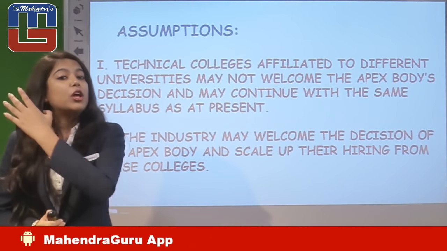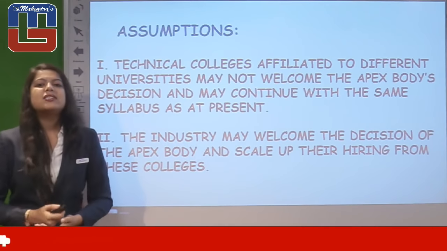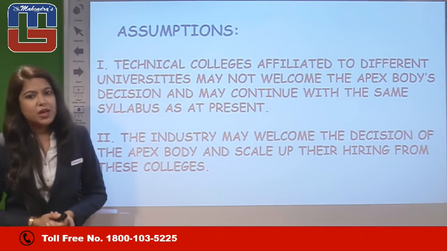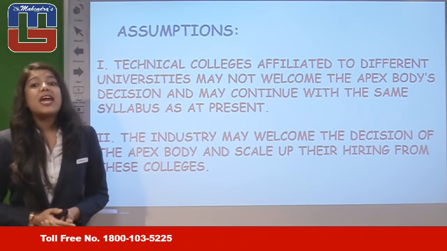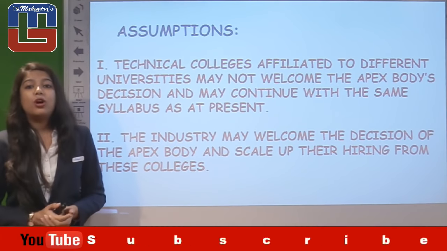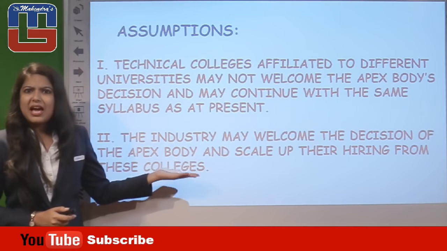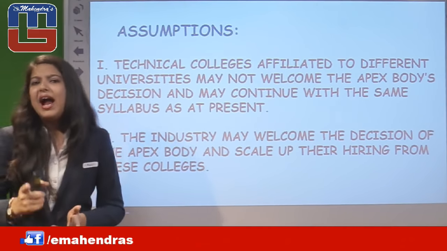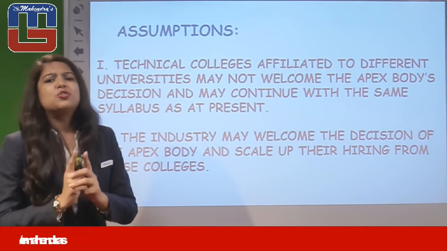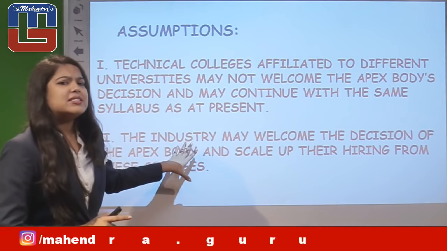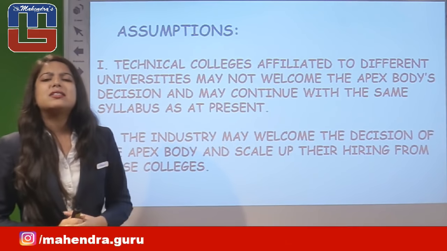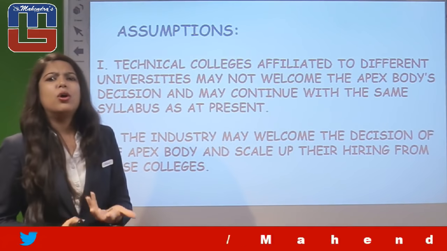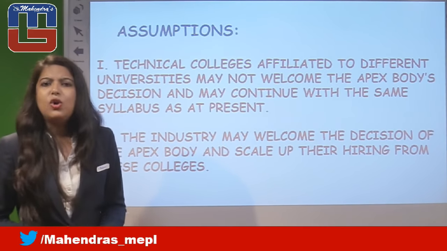Right? Now looking at the second part. Industry may welcome the decision of the apex body and scale up their hiring from these colleges. Now this can be considered. Yes, it can be considered, so would I be wrong in taking it as an implicit assumption? Am I wrong? Yes or no?